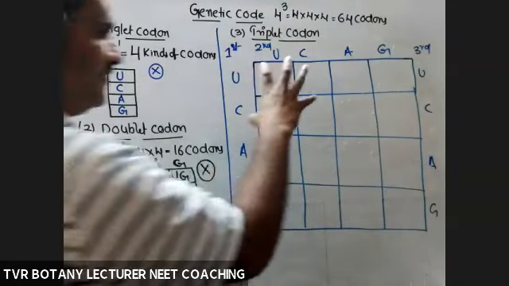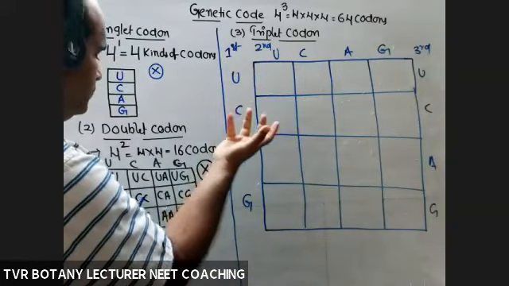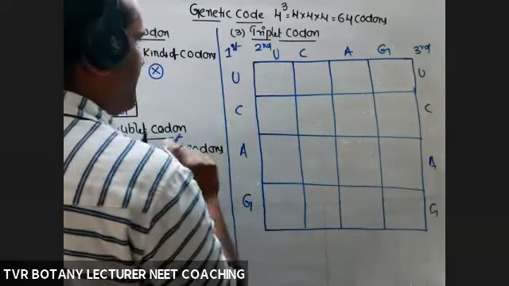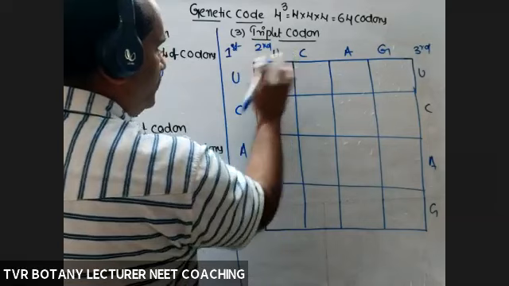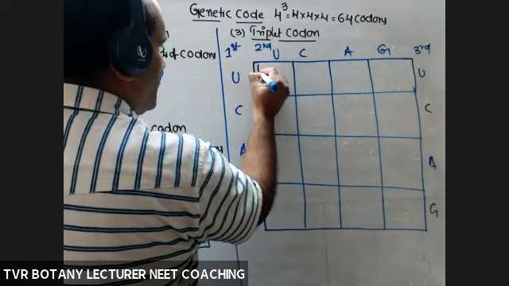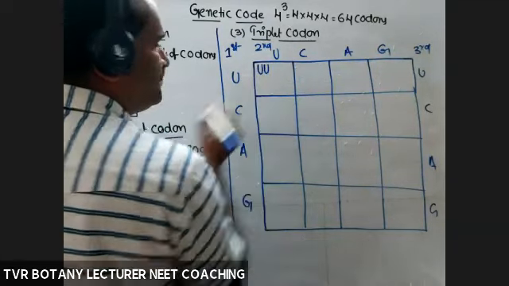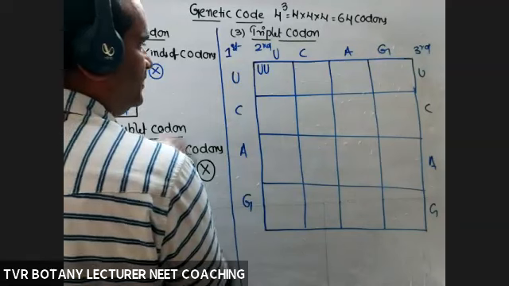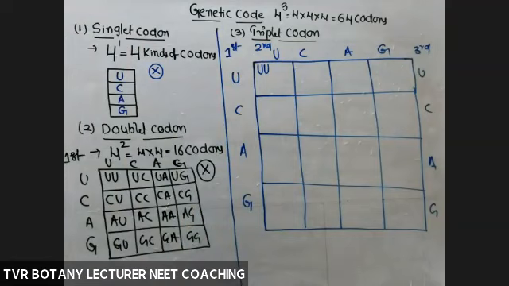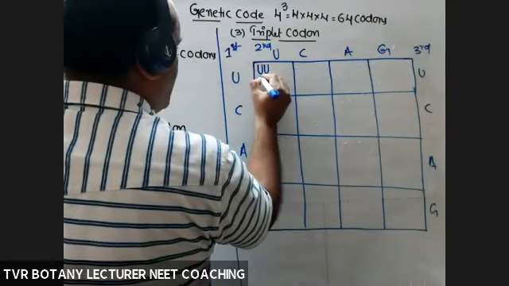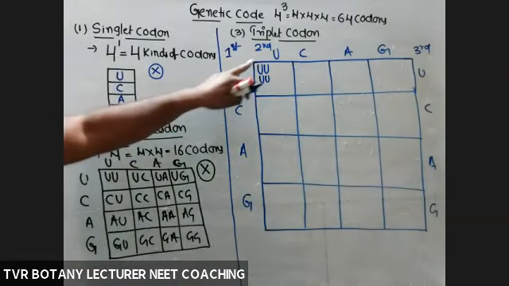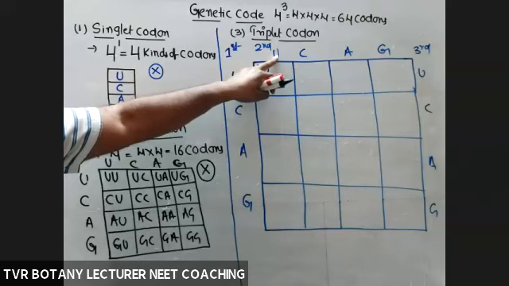Before the preparation of the triplet code, initially I'm going to show you the doublet codon concept. According to the doublet code, use these two only. Uracil, uracil, and continue it. So how many will you get?